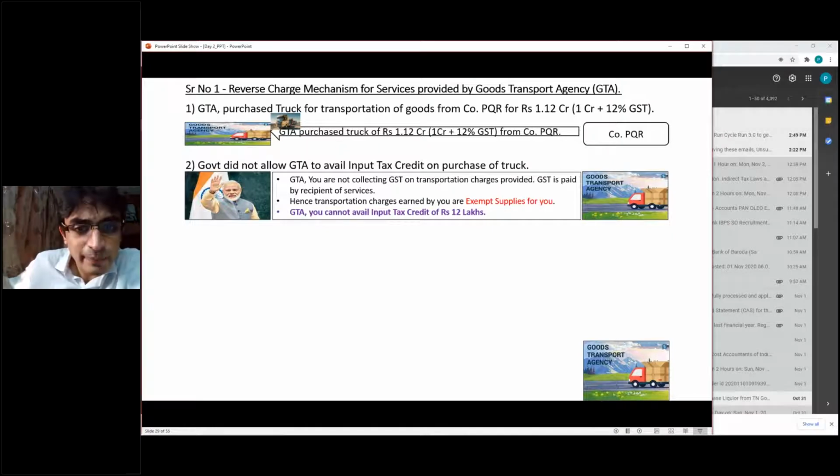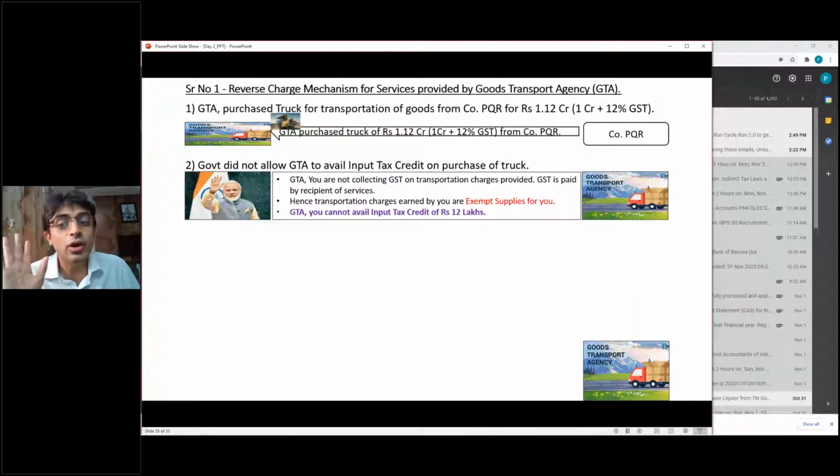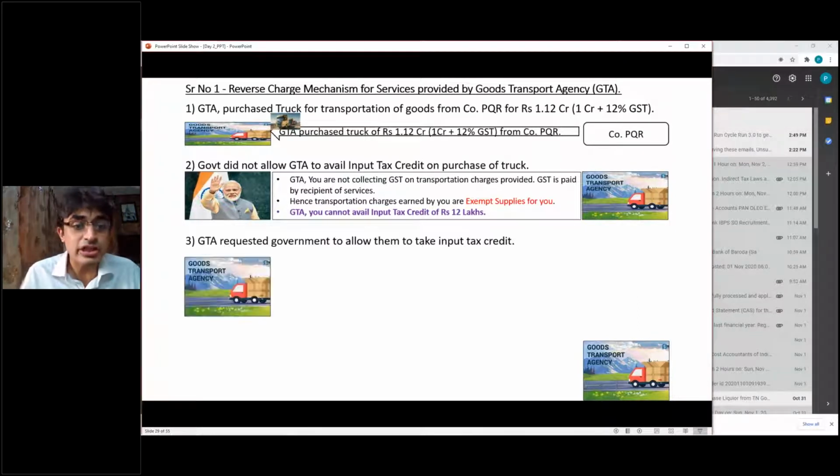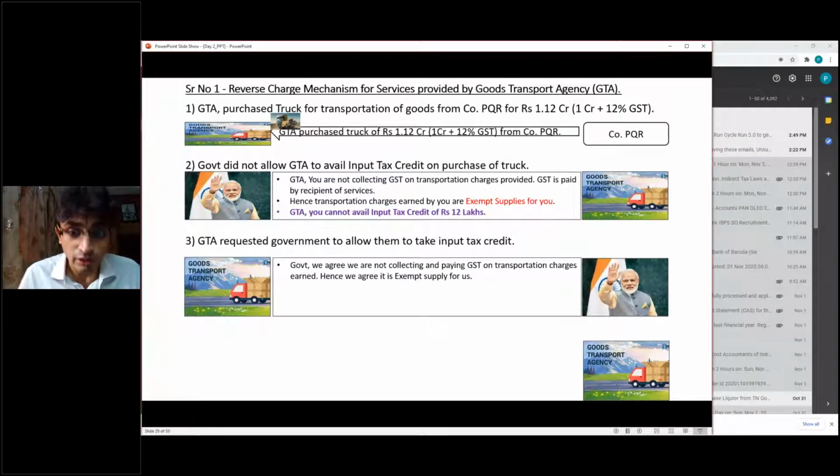So government is saying that Mr. GTA, on outward supply, whatever service you are giving, you are not collecting GST. Then why should I allow you input tax credit? That's why GTA was not getting input tax credit. Whatever GST GTA was paying, it was not allowed ITC. You got this point? That's why GTA got scared, what nonsense is this?